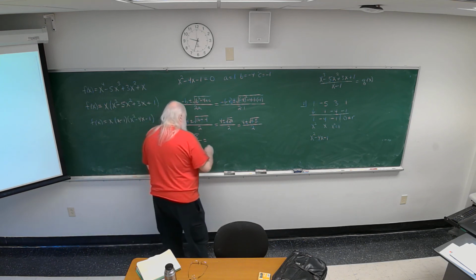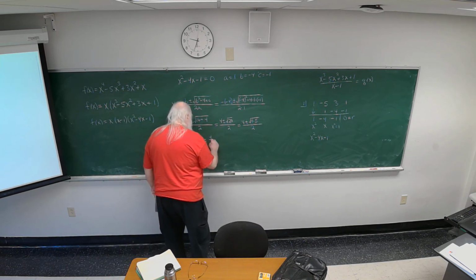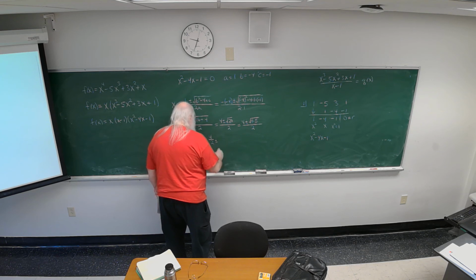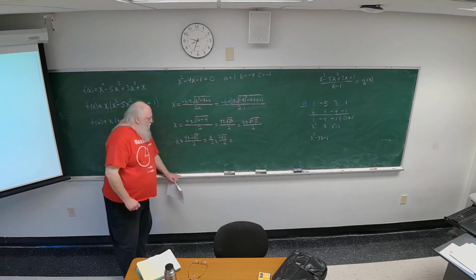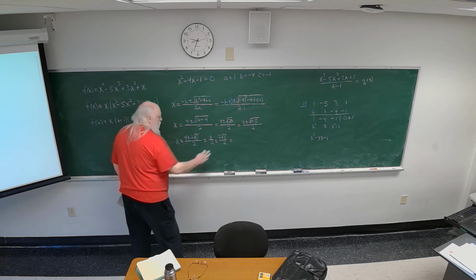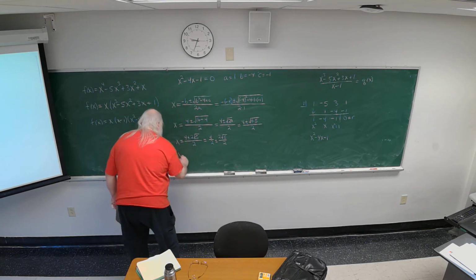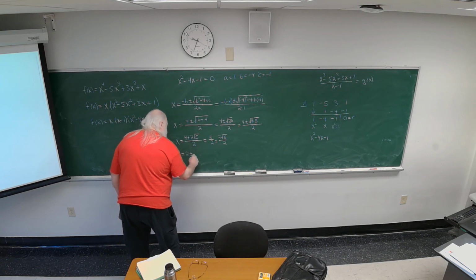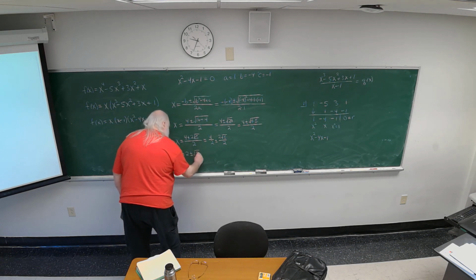So this is equal to 4 over 2 plus or minus 2 root 5 over 2. So we have x is equal to 2 plus or minus the square root of 5.